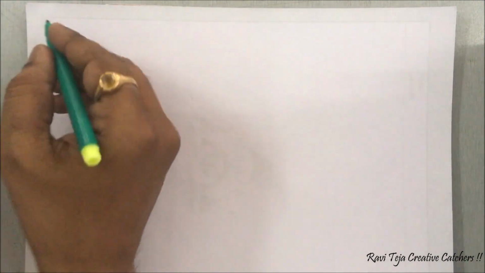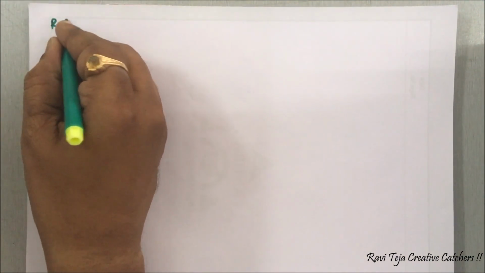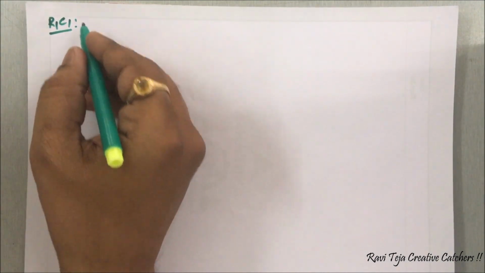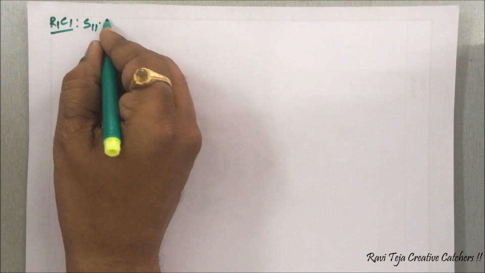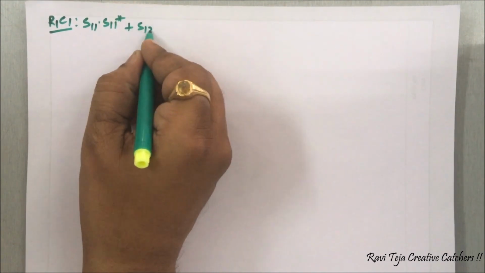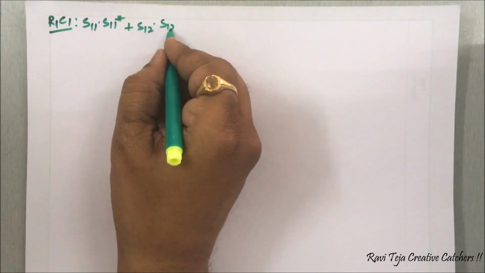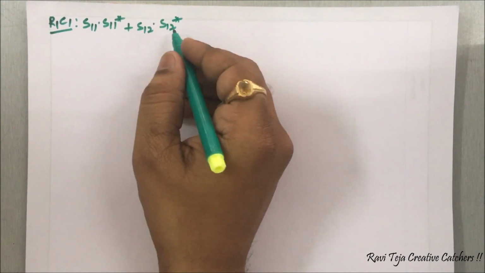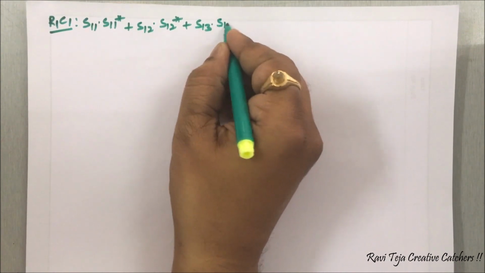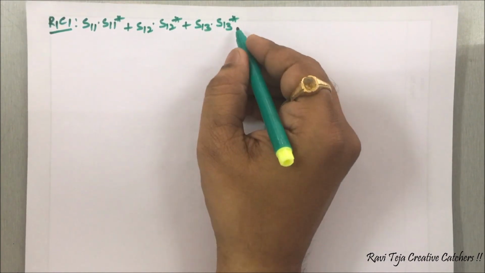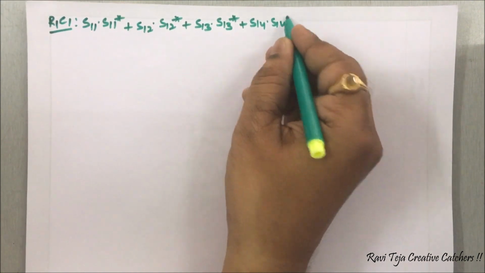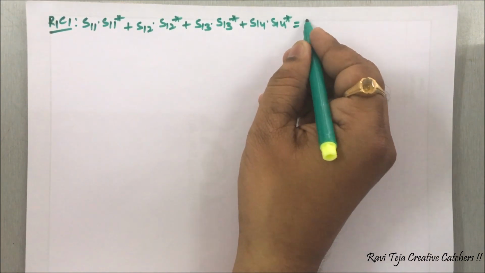Row 1 column 1: S11 into S11 star plus S12 into S12 star plus S13 into S13 star plus S14 into S14 star is equal to 1.